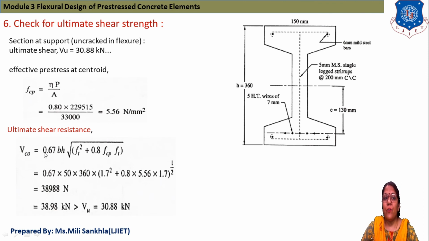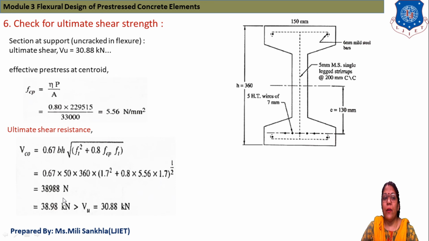Ultimate shear resistance VCU is equal to 0.67 BH under root of FT square plus 0.8 FCP into FT. That is 0.67 into B is equal to 50, H is equal to 360, then under root 1.7 square plus eta 0.8 into FCP 5.56 into FT is equal to 1.7, to the power half.